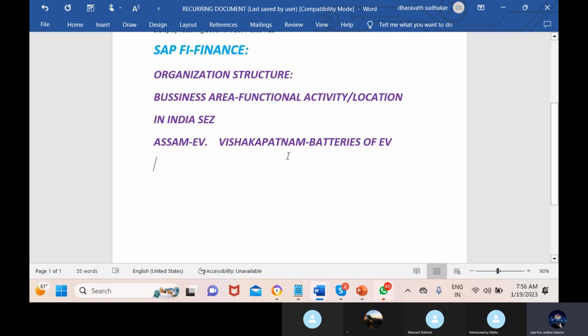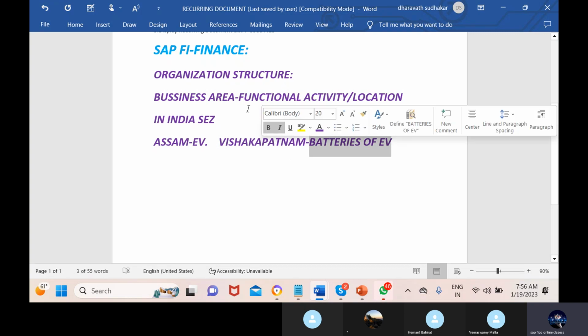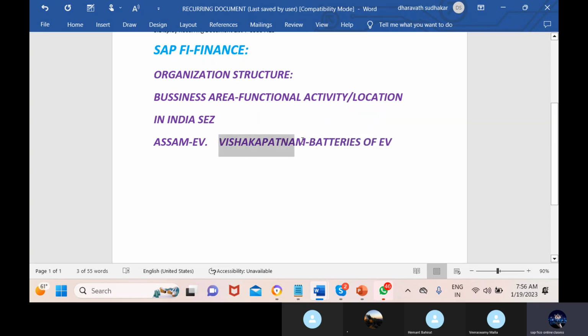Or we can take the other example: he was manufacturing batteries for EV, so we can say business area batteries for EV, or according to its location. I told you a company can have a number of business areas. So our friend had two business areas. One in Assam and the other in Visakhapatnam. One is EV and the other is batteries for EV vehicles.